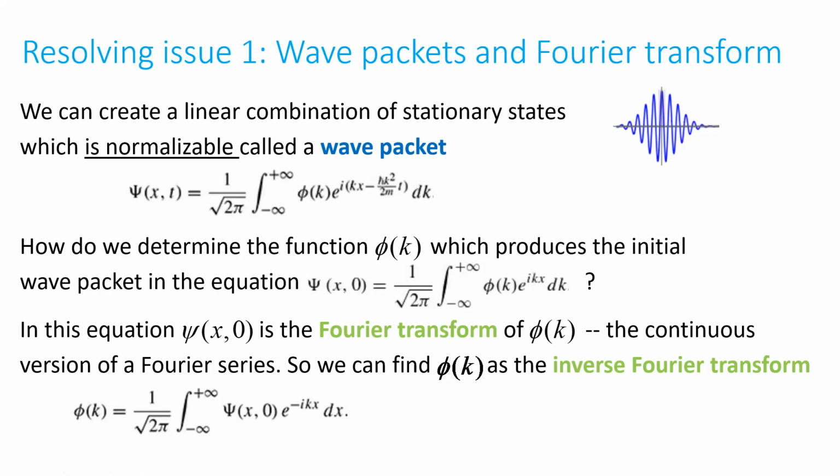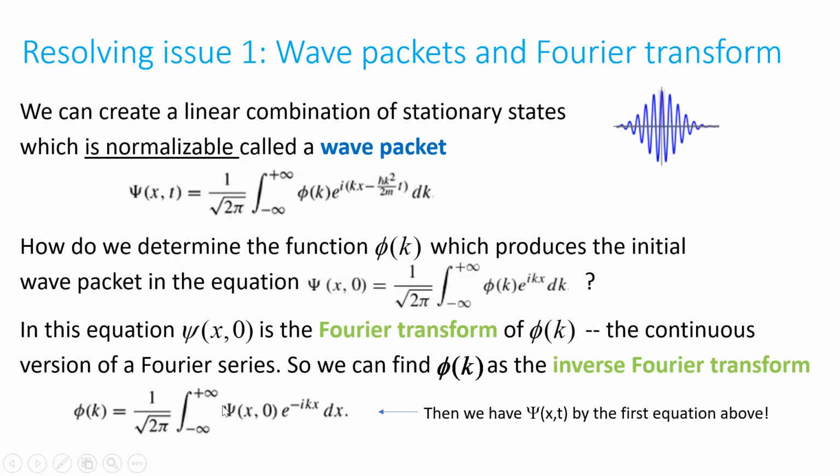So if we're given an initial wave packet at time 0, psi of x, 0, we can take the inverse Fourier transform of it. We get phi k, and then we can take that phi k and put it back in the first equation we have, for psi of x and t.